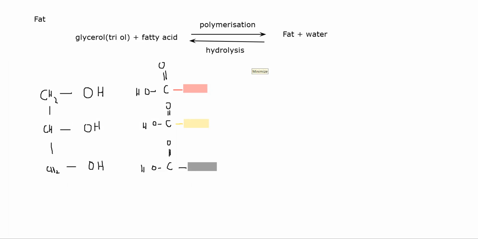So what happened, how is a polymer formed? These are known as fatty acids. And this one is glycerol.